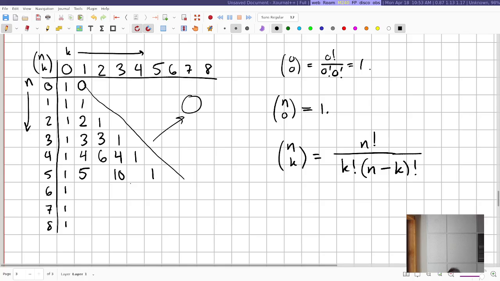Probably 5. One more, it's 5, 2. 5 choose 2, you get 10. Anybody else get that? Okay. Here, I'll fill in the next row for you.